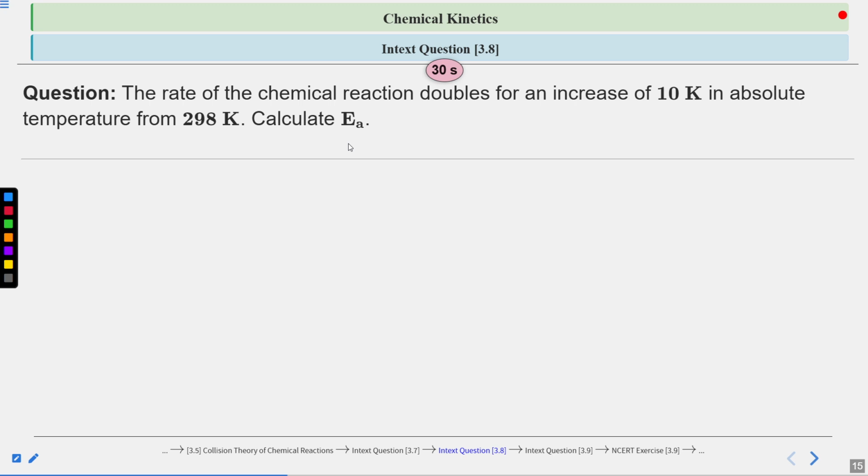You have been given some time, try to solve this, and then we will see the correct way to solve it. Okay, let's see.